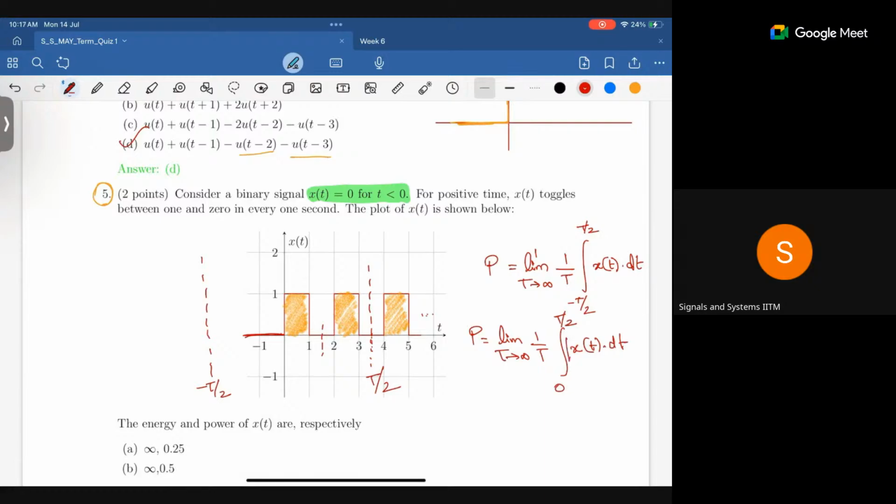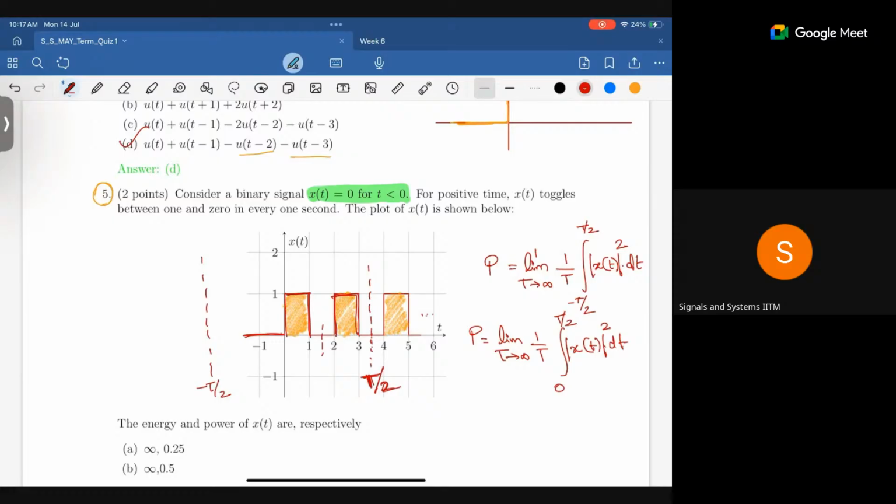So x of t squared. As T tends to infinity, you can see if this capital T by 2 is greater than 1, or if you generalize, if this is T by 2, how many ones or how many boxes will be there before T by 2?